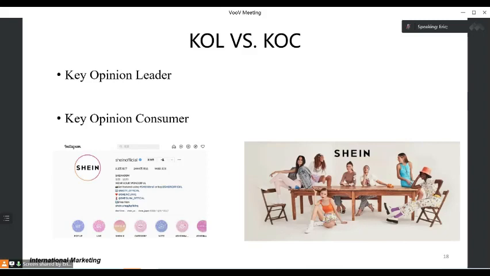But we find another trend. There are some guys who are not superstars, not idols, not celebrities, but in some narrow field, in some specific scope, they are special. They are like experts in this field, in this kind of product. We call them key opinion consumers.